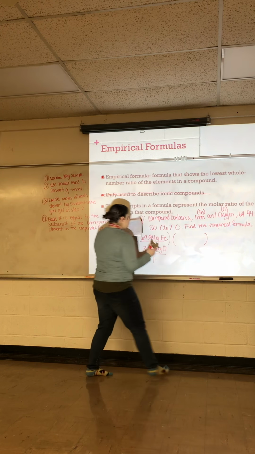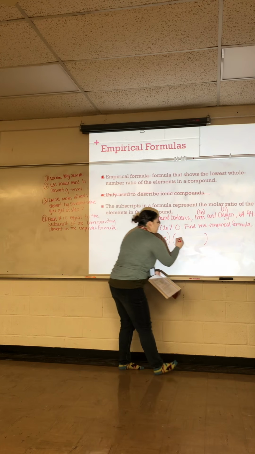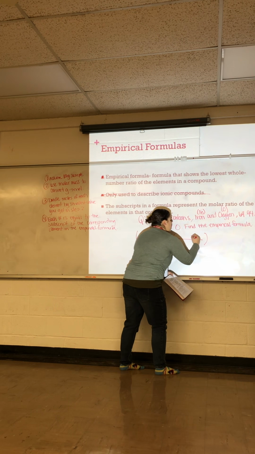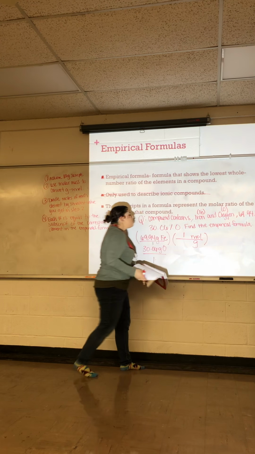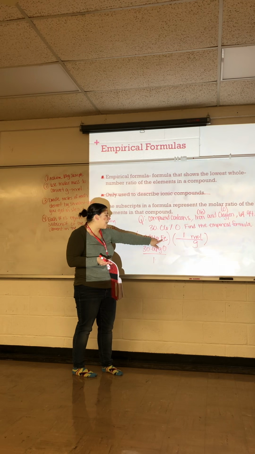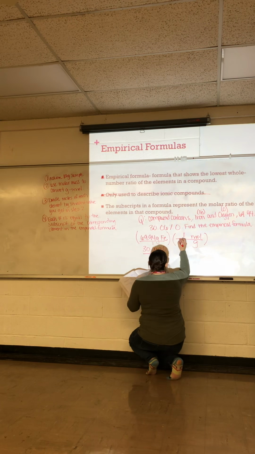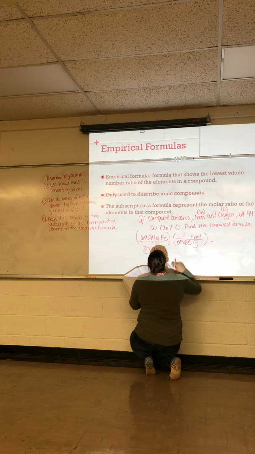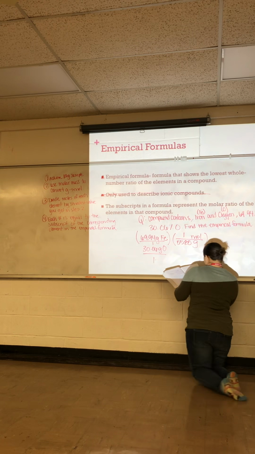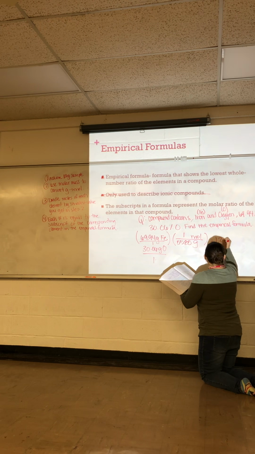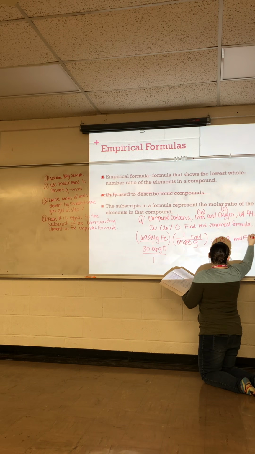How do I convert grams to moles? Grams goes on the bottom. Moles goes at the top. For every 1 mole of iron I have 55.85 grams, which would equate to 1.252 moles of Fe.